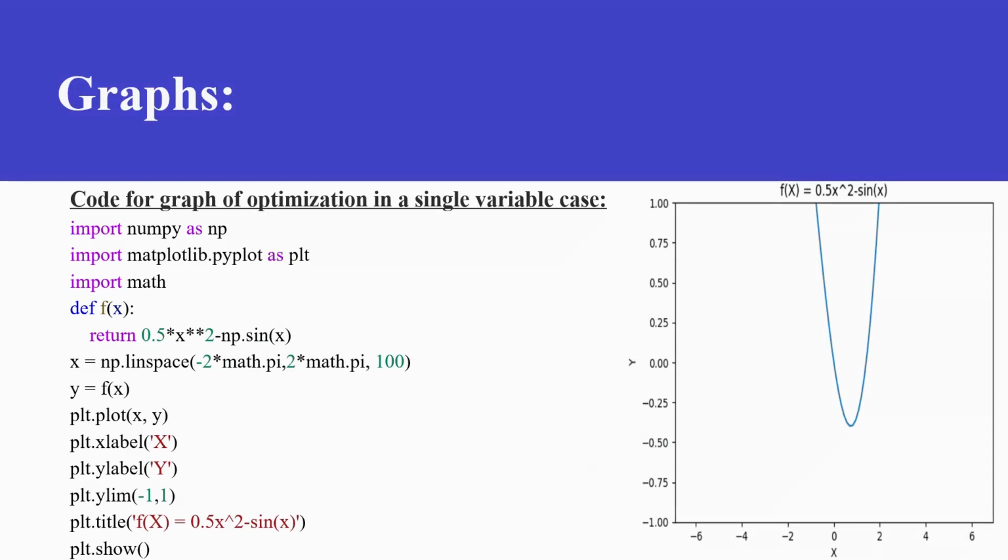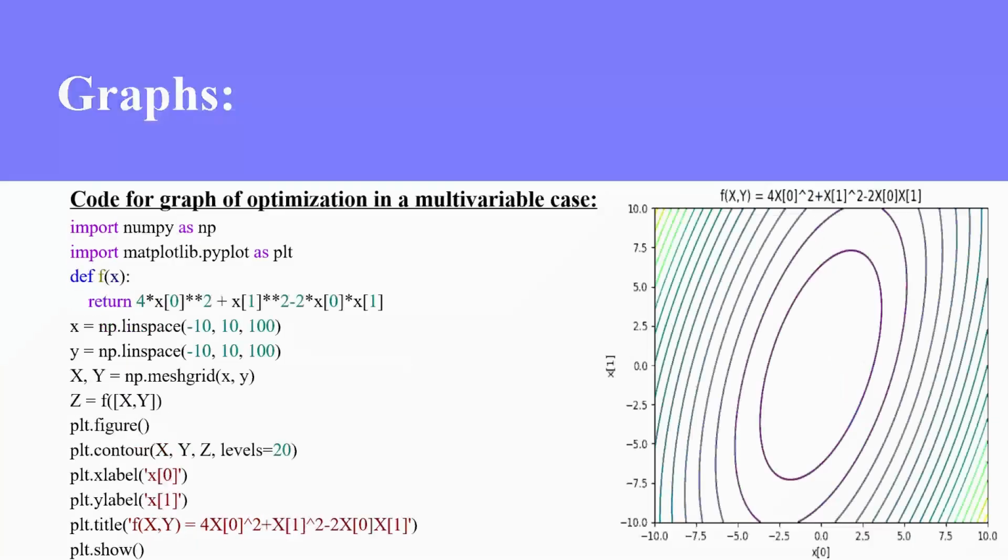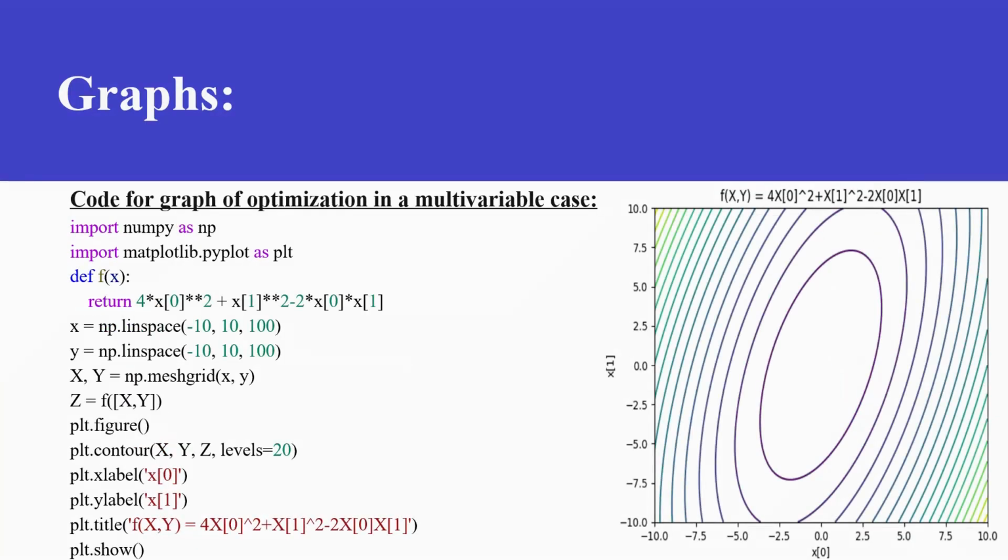Python code for the graph of optimization in the single variable case. This graph is also plotted the same as the Newton's method graph. Python code for the graph of optimization in the multivariable case. This graph is also plotted the same as the numerical analysis and optimization in the single variable case.